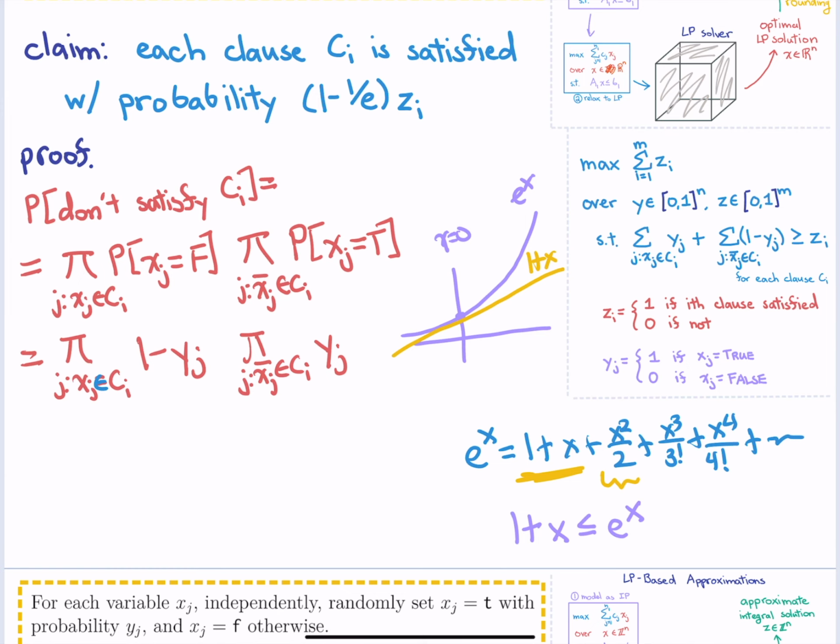It's not too hard to prove. You can look at the derivative and stuff like that. It seems like a very crude inequality, that 1 plus x is always at most e to the x.